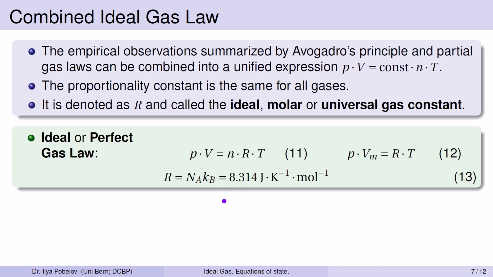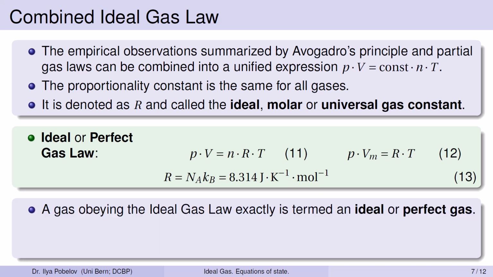As a consequence, the SI value of the universal gas constant is now not an experimental, but rather an exact, predefined value. One way or another, the value of R is 8.314 joules per Kelvin per mole.